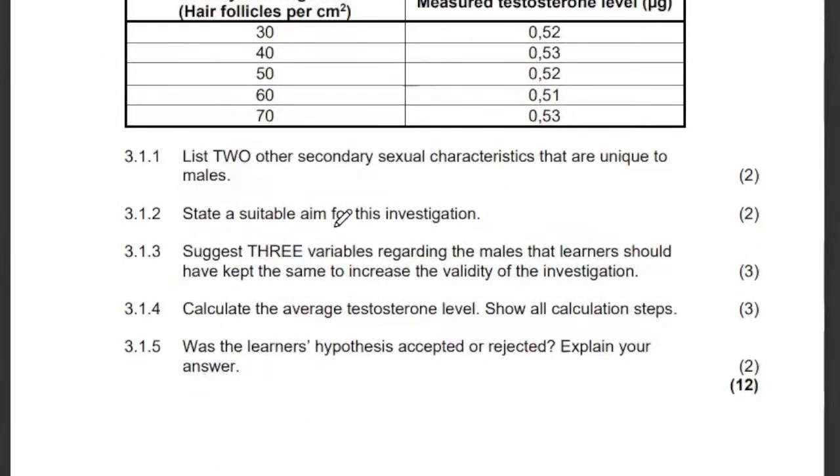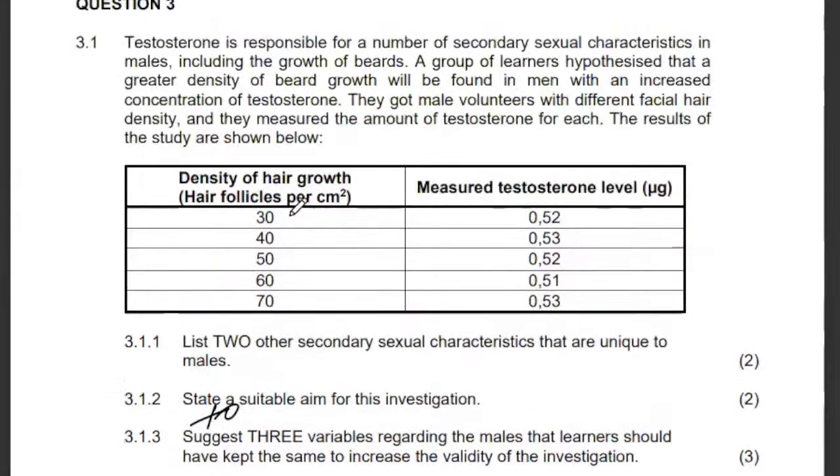State the main aim of this investigation. Whenever you talk about the investigation, guys, you're supposed to start with the word 'to'. Yes, the aim. Whenever you talk about the aim, you must start with the word 'to find out how this testosterone has an influence on the follicle, influence on the hair growth', something like that.